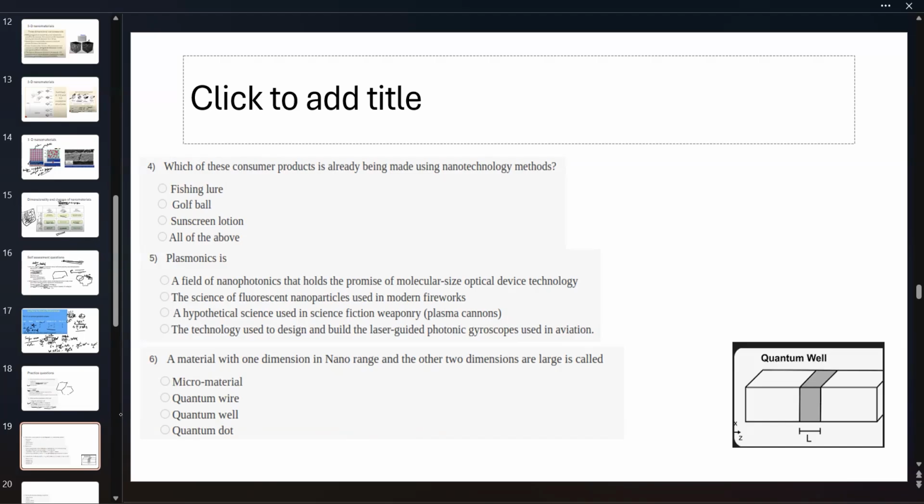Which of these consumer products is already being made using nanotechnology? I think it's sunscreen lotion.